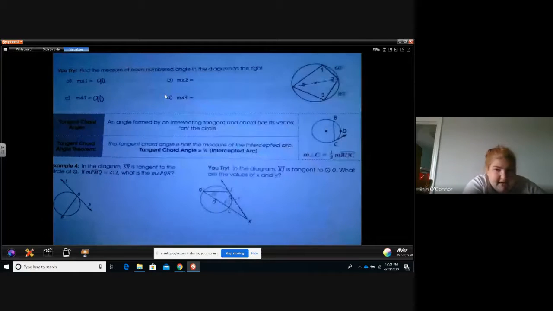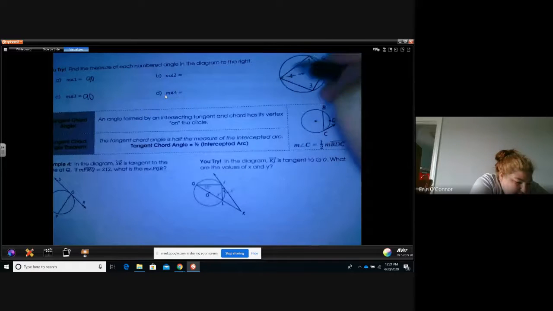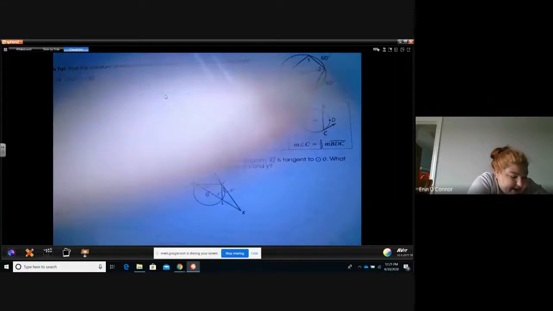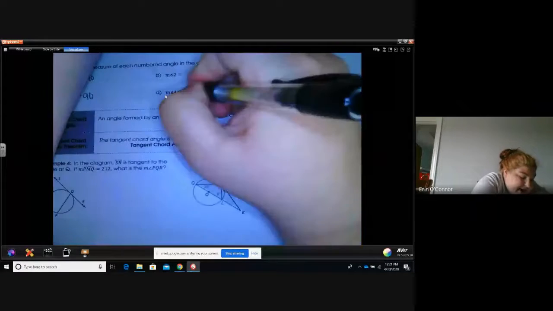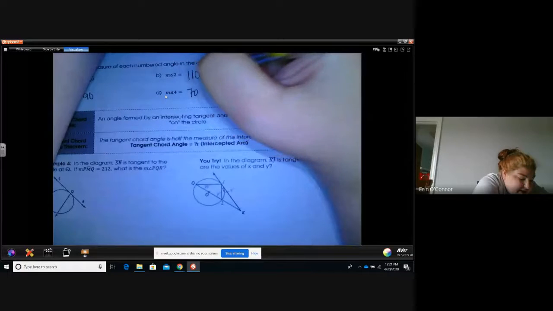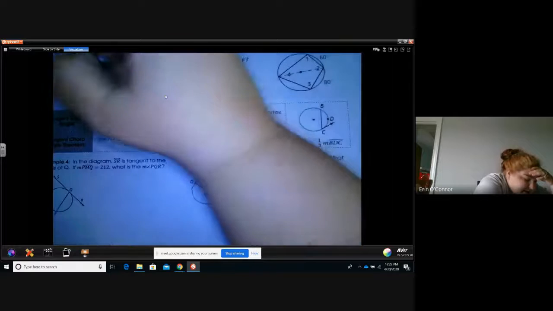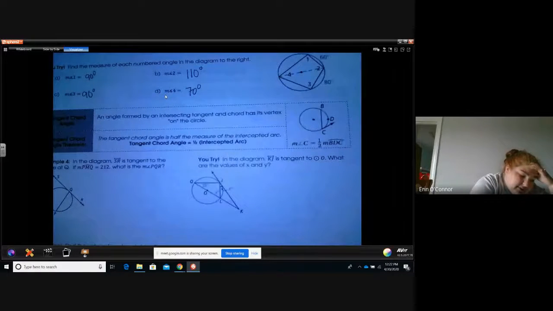Plus 1 and 3 need to add up to 180, so they're both 90. Now the measure of angle 4, 60 plus 80, because we got to add these two arcs, is 140. Half of that is 70. And since these two have to add up to 180, this is going to be 110 degrees. Also, because they all have to add up to 360, you knew that had to be 110 degrees.